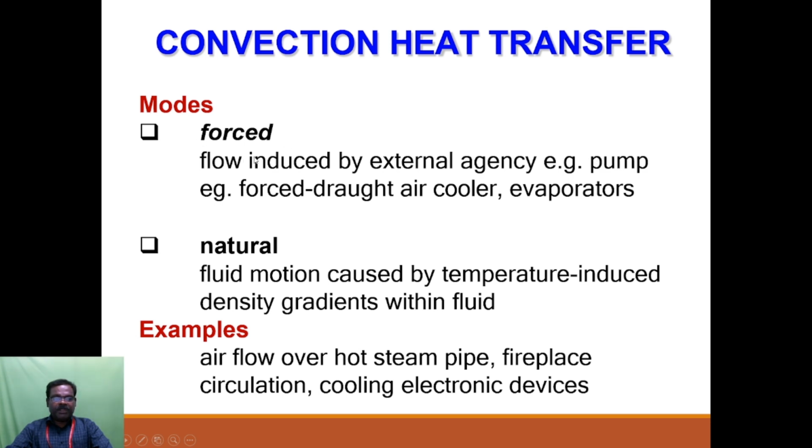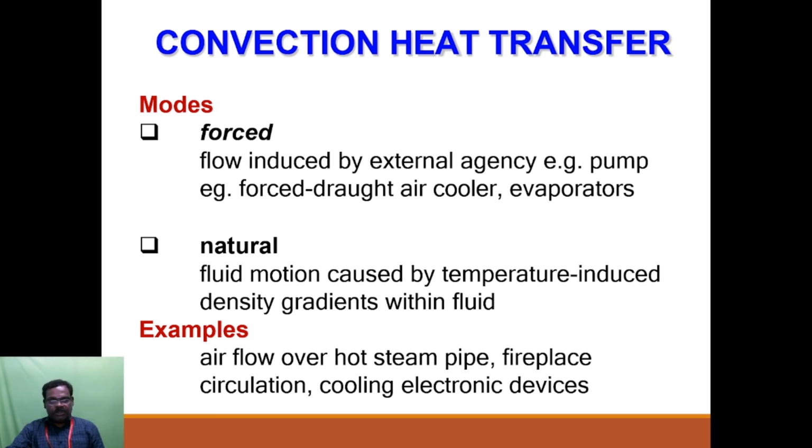By means of these external devices, heat is transferred from the surface to the fluid, which is called forced convection. Natural convection: without any external sources, heat is transferred by means of density gradient. That is called natural convection.